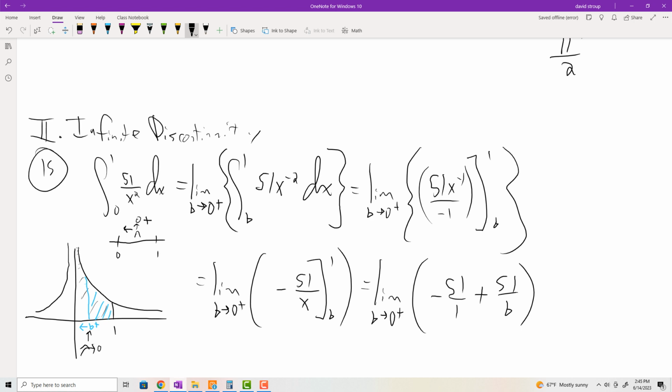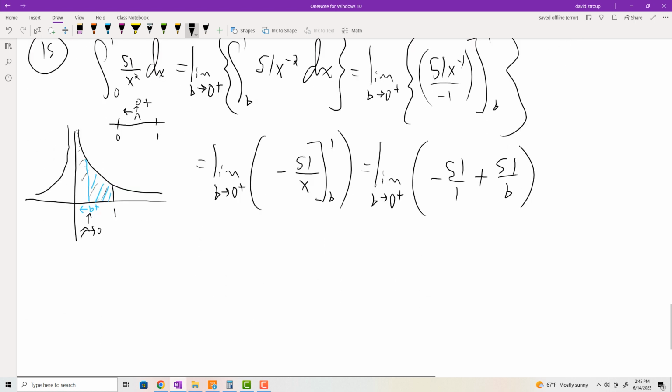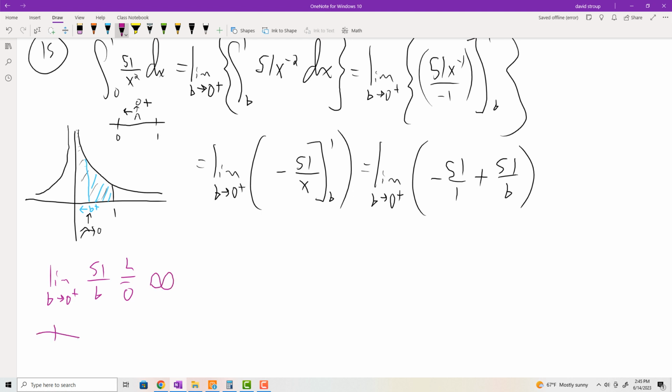And then if b is coming in from the right, the first limit is just a limit of a constant, but the second limit, you have the limit as b goes to 0 from the right of 51 over b. You know the form is L over 0, so it's either going to be plus or minus infinity. But you could do a little table. I'm approaching from the right, and then a test value.